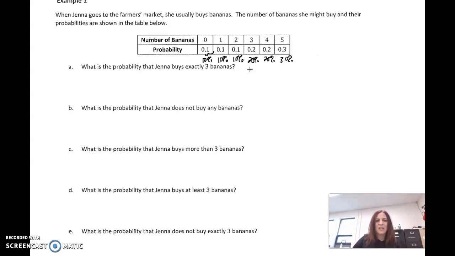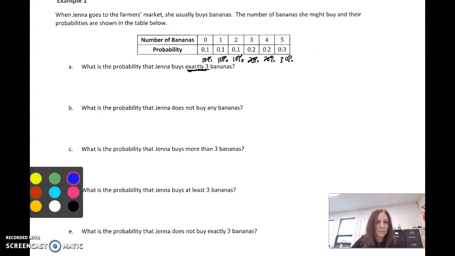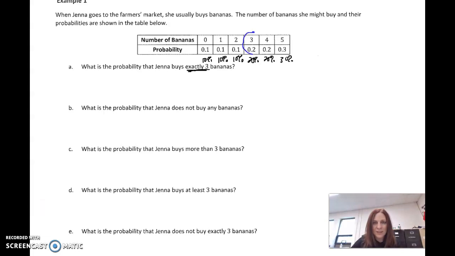So what is the probability that she buys exactly 3 bananas? Guys, it's going to be really important that we pay attention to these words. Exactly 3. Does exactly 3 mean I'm going to grab 4? No, it means I want 3. So if we look at 3 bananas, we can see it here, is 0.2, or 2/10.